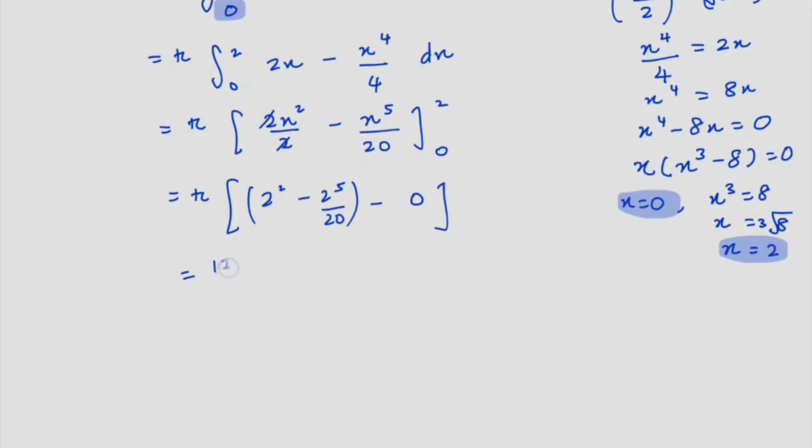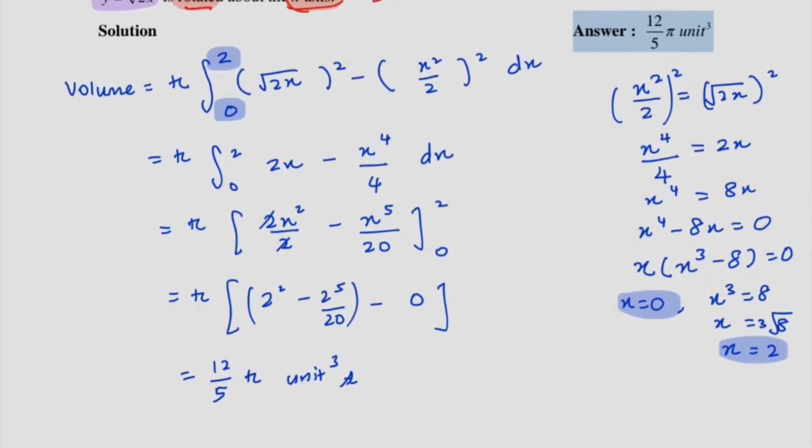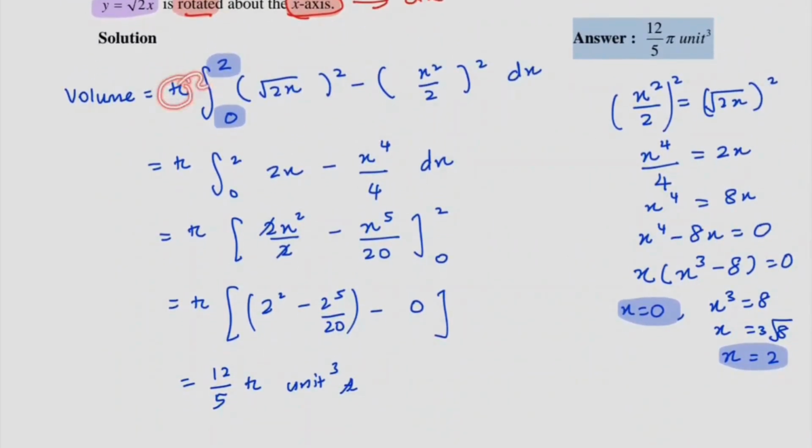And the final answer will be 12 over 5 pi unit cube. Don't forget the pi in front. So what happens if you forget the pi from each of the steps? Well, definitely since the formula of volume is wrong, then you will get everything wrong.